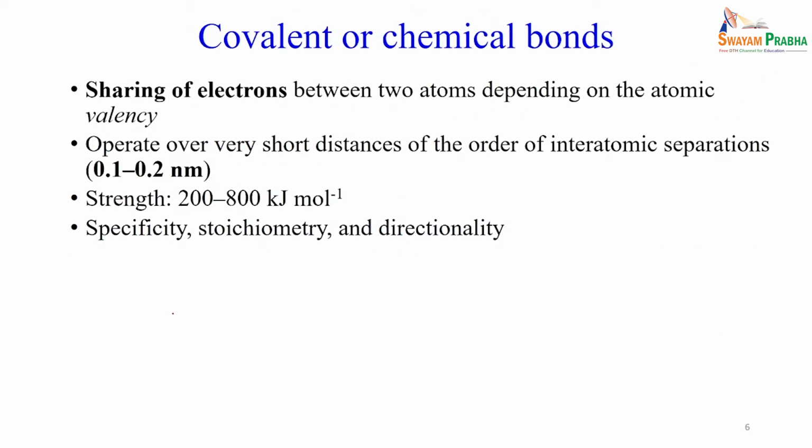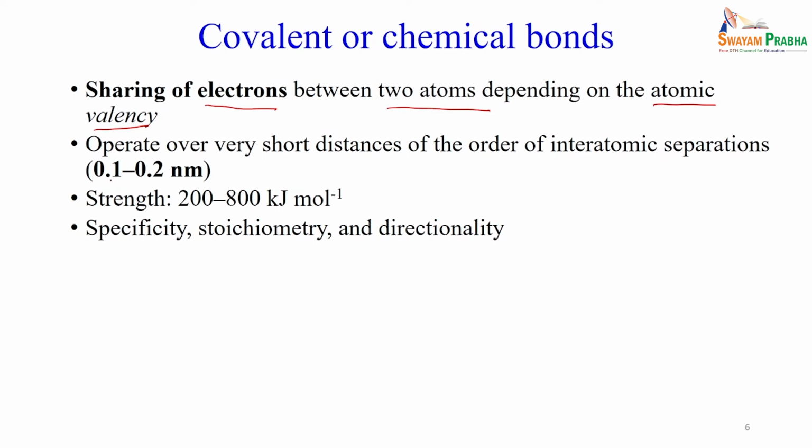So, covalent bond, it is very well known to all of you. This is formed by the sharing of electrons between two atoms which are present in the valence shell of the atom, or you can say depending on the atomic valency of two atoms, the sharing of electrons takes place and the covalent bond formation occurs.